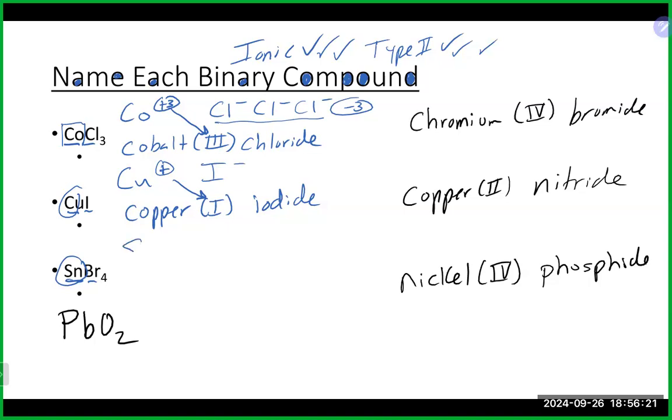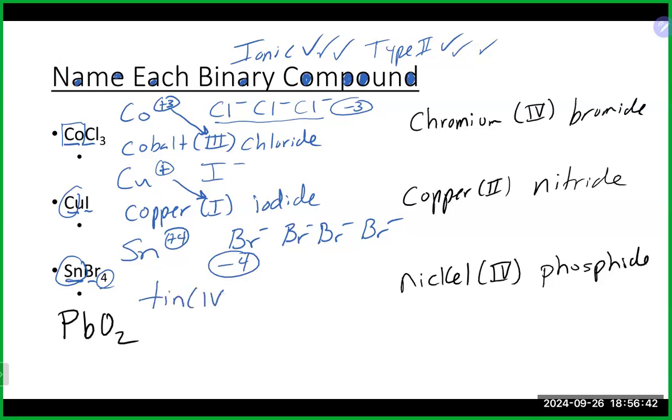And that means that tin, not sure maybe what the charge is, but we do have 4 of these Brs, each from group 7, which means if you want to draw them out, you can. That's going to be a -4 happening there for our negative side. Going to balance out our positive there with a +4, and that will give us tin Roman numeral 4, and once again, bromide here for our charge. Any questions on those 3 there?